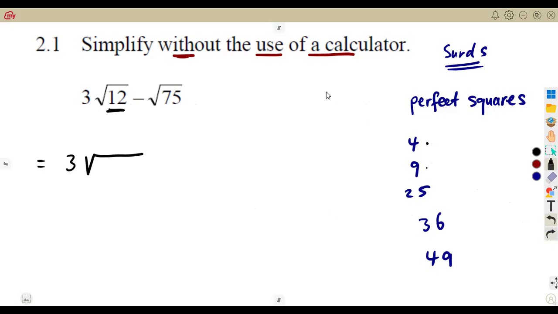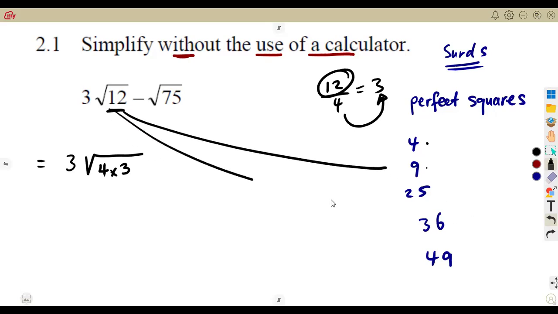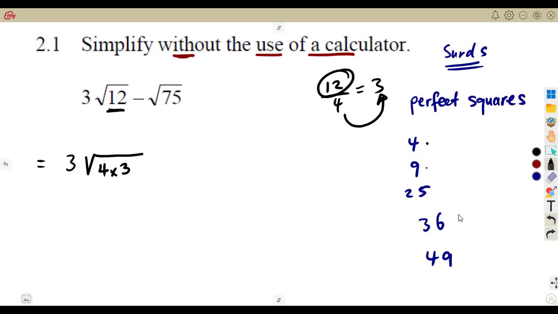Let's divide. 12 divided by 4 gives us 3, meaning 4 times 3 is 12. So this 12 can be written as 4 times 3. We cannot use 9 there, we are going to have remainders. We are supposed to have whole numbers. If you divide 12 by 9, are you going to have a whole number then?